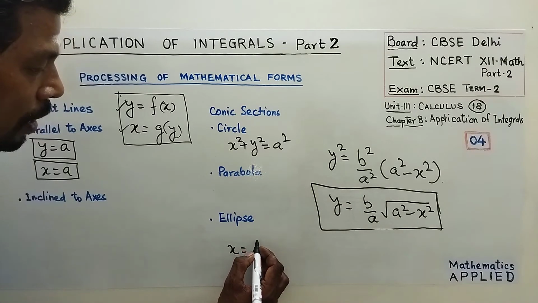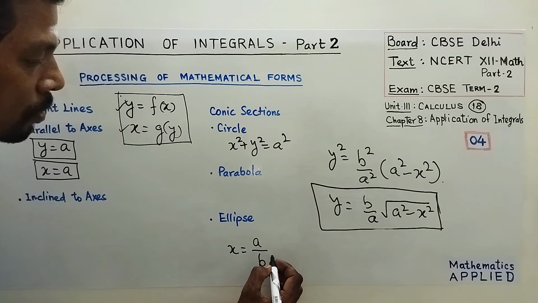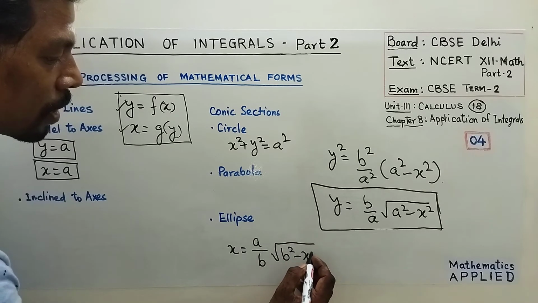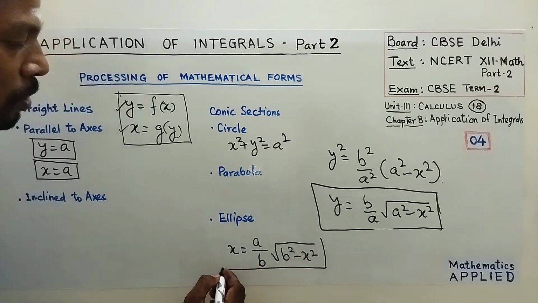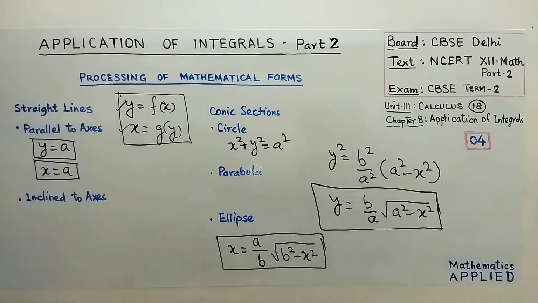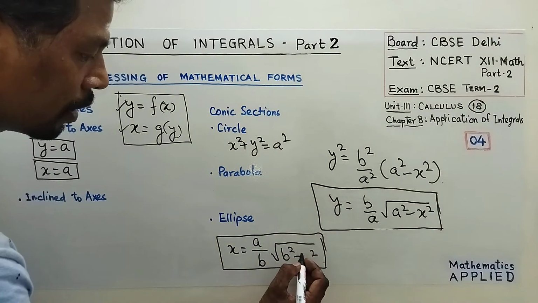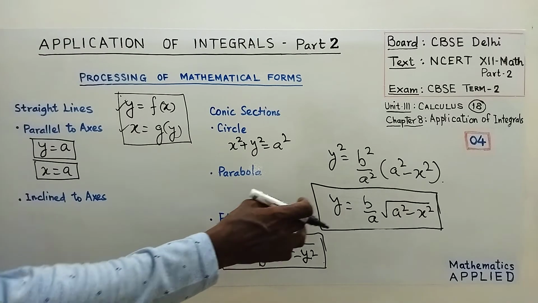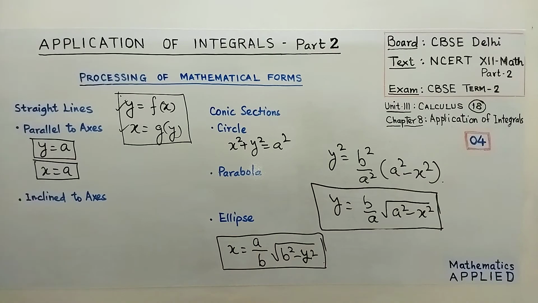So it is going to be a by b root over b square minus y square. So this is my processed information for x in the form of y. Okay, that is the two forms which are related to the first type of equation.